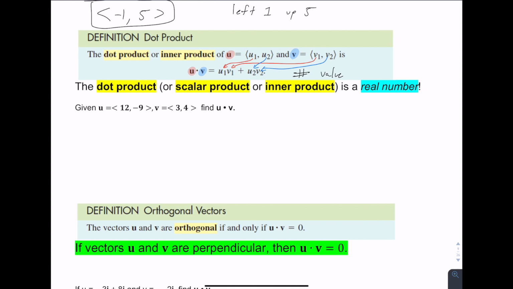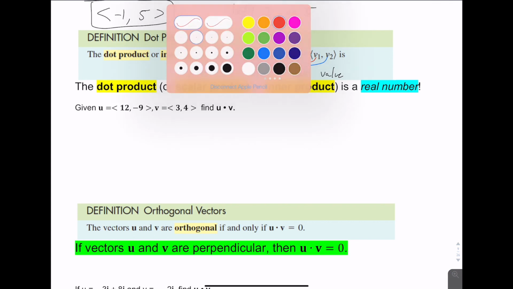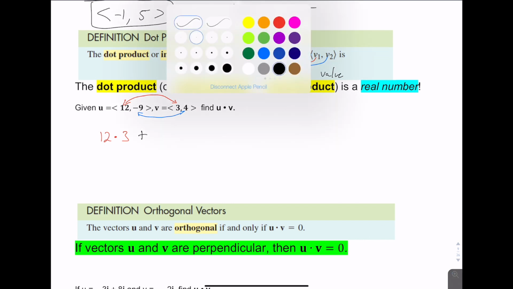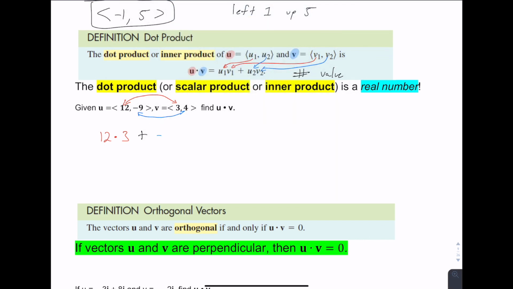So all that means is, like I did here, the reds are going to multiply. So it's 12 times 3 plus, and then now the blues are going to multiply. So x's with x's, y's with y's. And so let me keep that blue, and that would be negative 9 times 4.